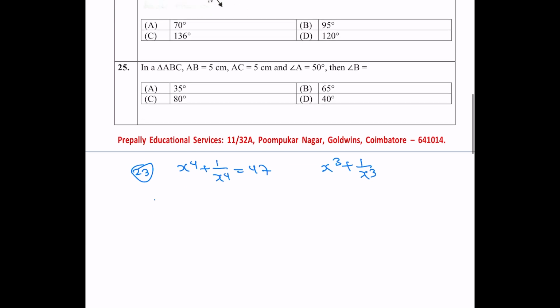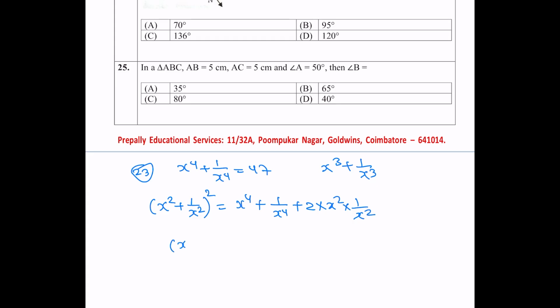So can I write, by using this formula, x square plus 1 by x square, basically (a plus b) whole square, a square plus b square plus 2ab. Similarly, in place of the a I took x square, in place of the b I took 1 upon x square. So by using this, can I write this is x raised to power 4 plus 1 upon x raised to power 4 plus 2 into x square into 1 upon x square.